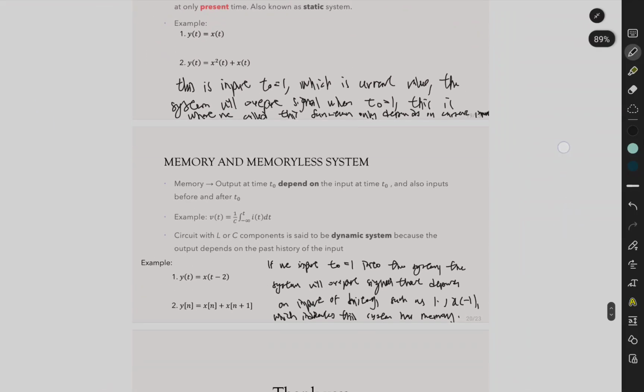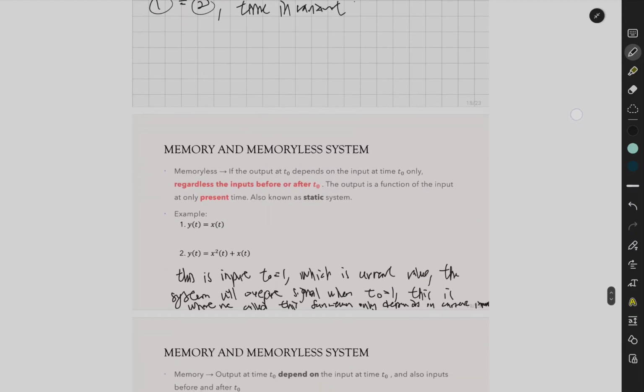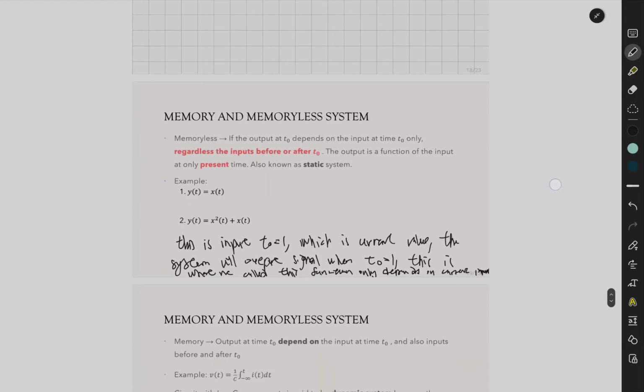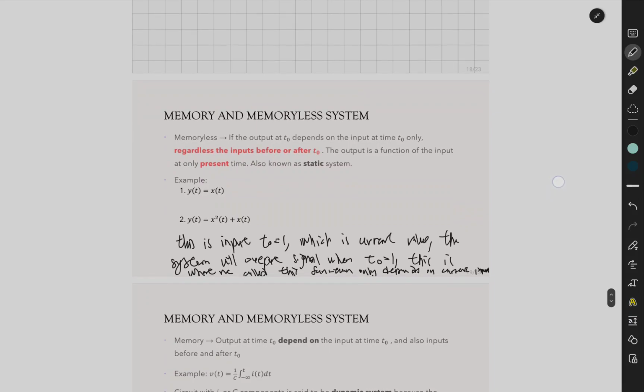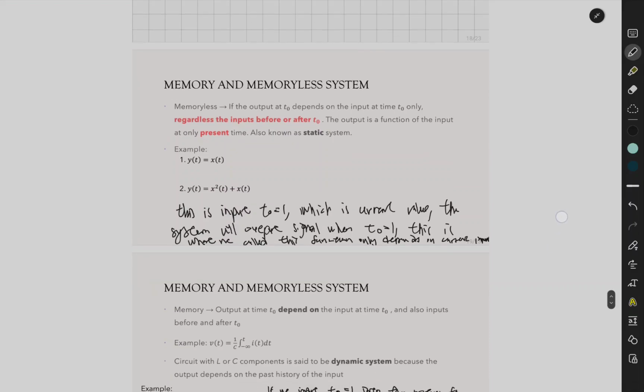So now we go to the last system, which is memory and memoryless. A system is memoryless if the output at t0 depends on the input at time t0 only, regardless of whether the input is before or after t0. The output is a function of the input at the present time only. A memoryless system is also known as a static system.